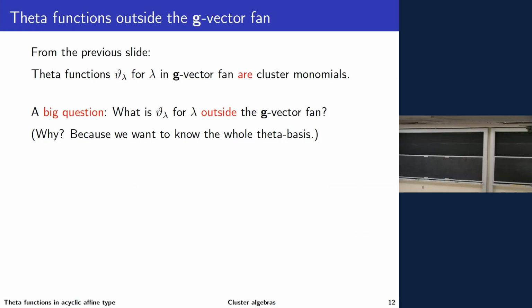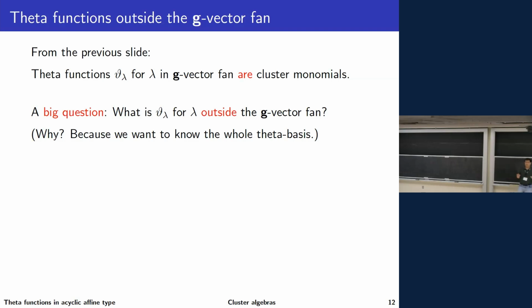I've already told you what theta functions are. If lambda is a vector in the g vector fan, and I definitely always mean integer vectors when I say this, then the theta function is a cluster monomial. But the theta functions form a basis for this thing that we want to understand, and some of those theta functions are indexed by vectors that are outside the g vector fan.